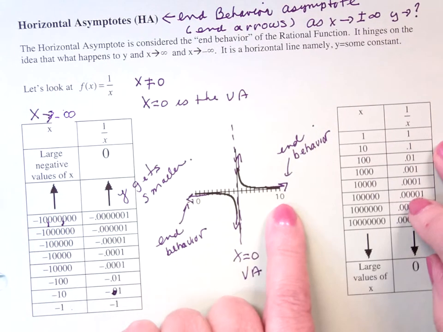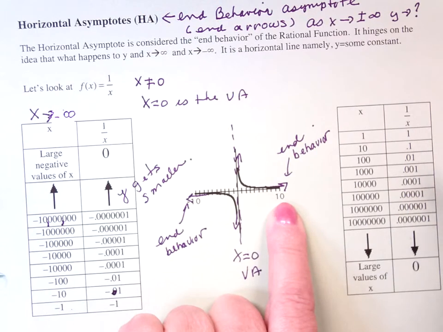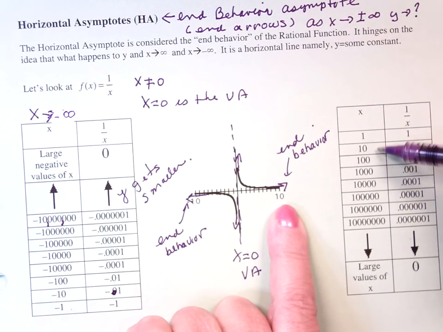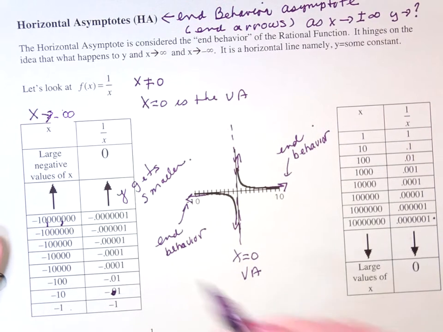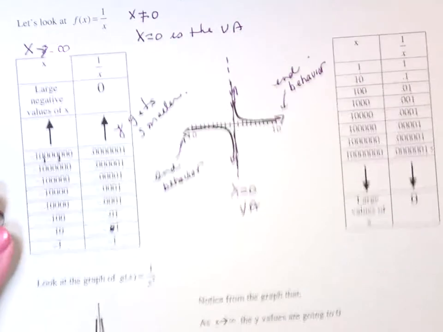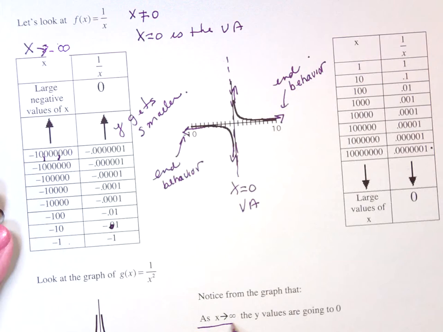The same thing is happening on the other side. As x gets very, very, very large, y is getting teenier, and so y is going to 0. So what do we say? We say as x is going to infinity, y is going to 0.